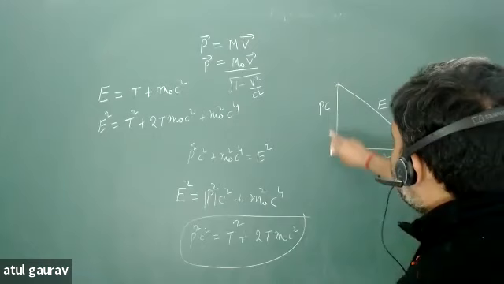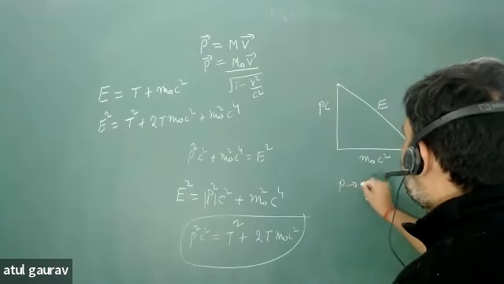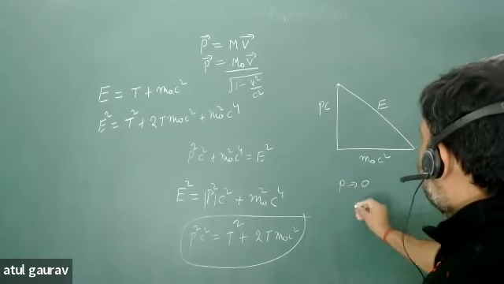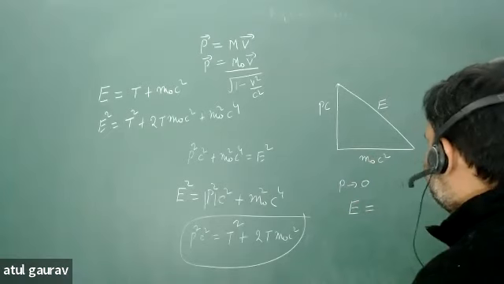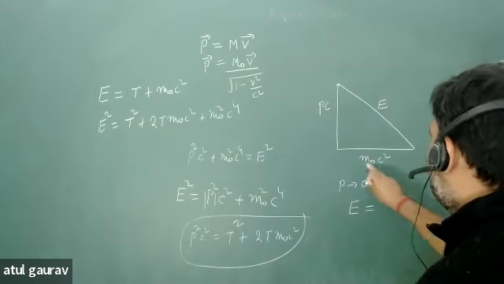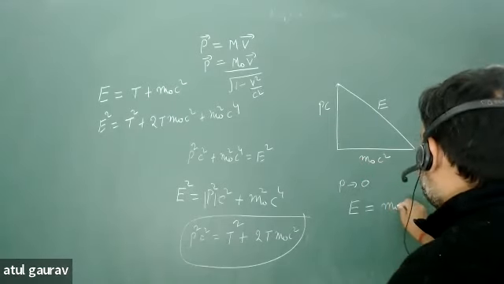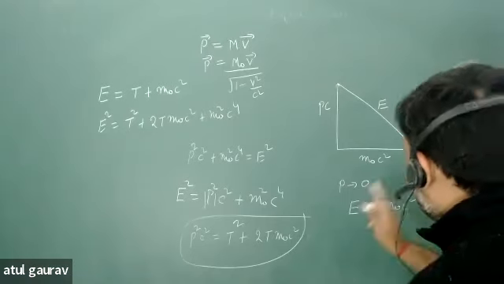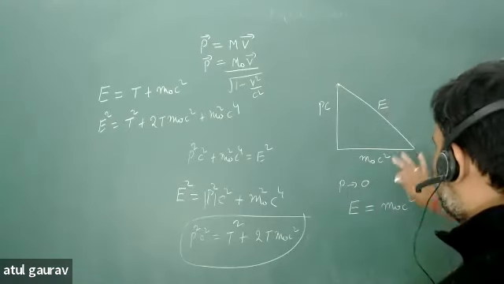Now, if P is going to 0, if momentum is going to 0, then your total energy is equivalent to what? m naught square c to the power 4, so E is m naught c square. Just simply m naught c square. Now, on the other hand, c cannot go to 0. c is some constant.